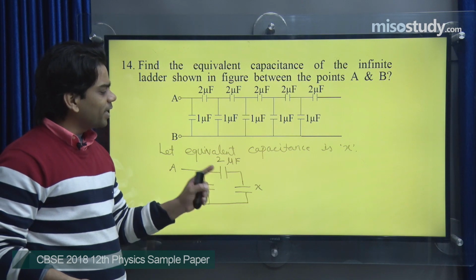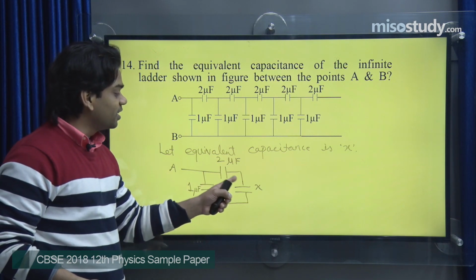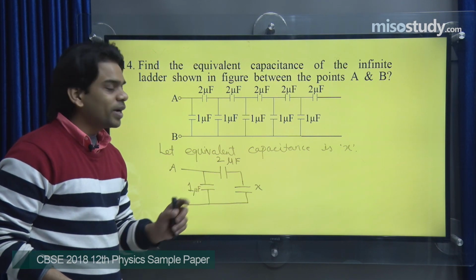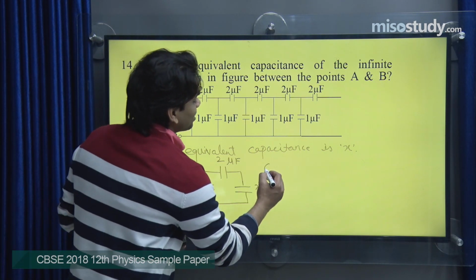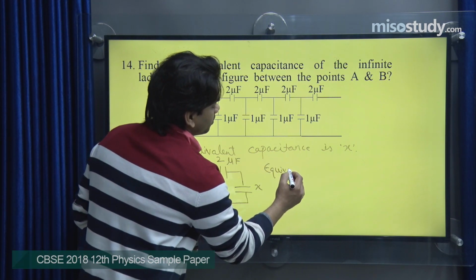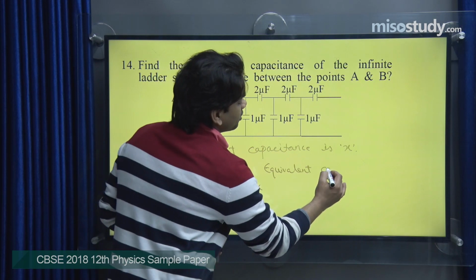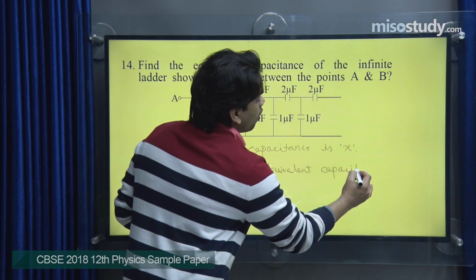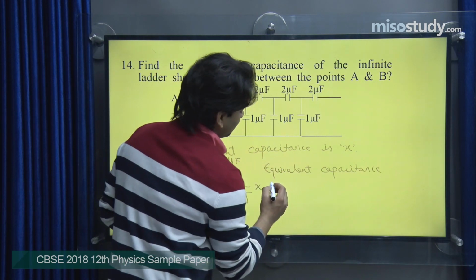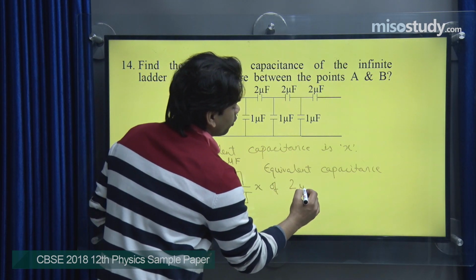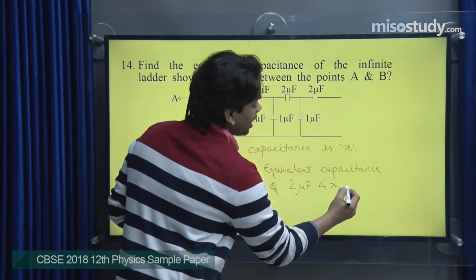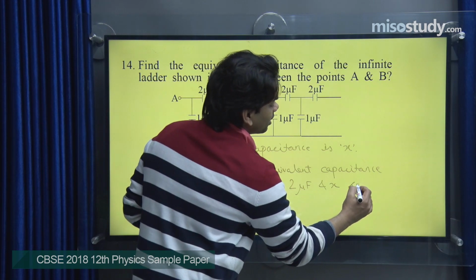You see here 2 and X are connected in series. Now see the equivalent capacitance of 2 microfarad and X microfarad connected in series.